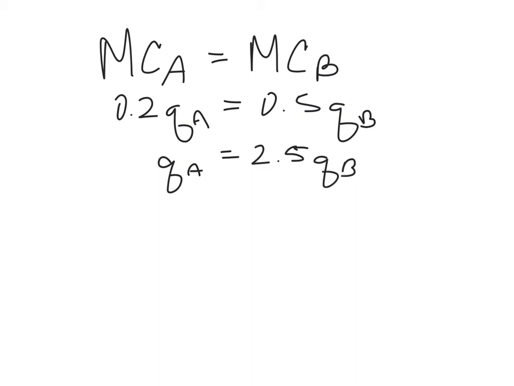We also know that QA plus QB has to equal the 40 that were cleaned up before in country A plus the 44 in country B. That sum has to be 84.